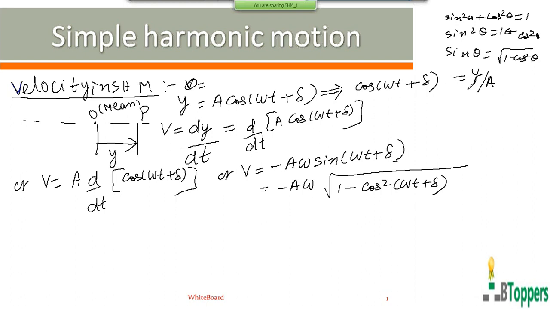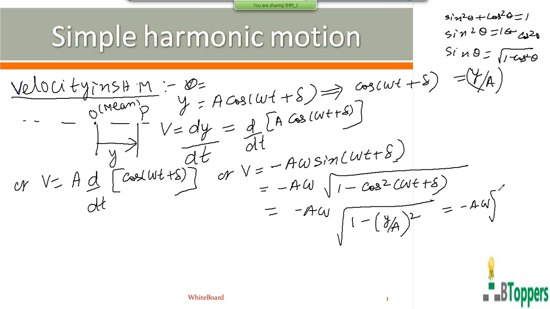So here we can substitute cos omega t plus delta equal to y by a in this equation. If you simplify this, root of a square equal to a.